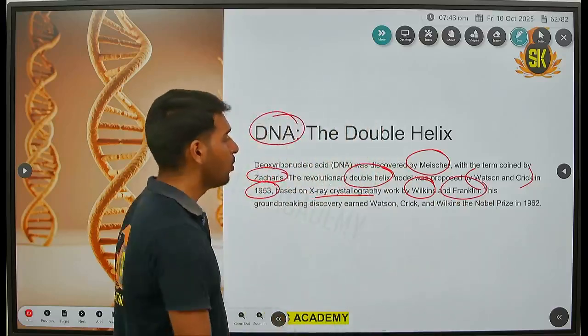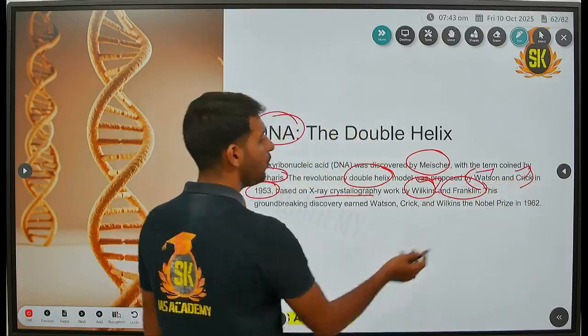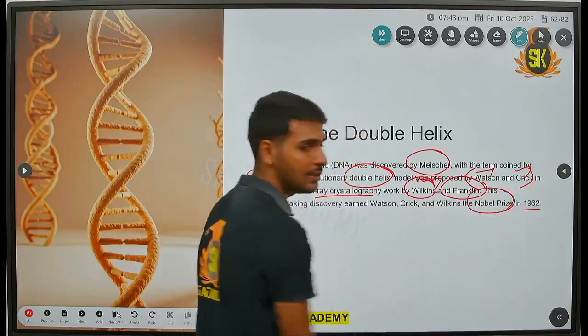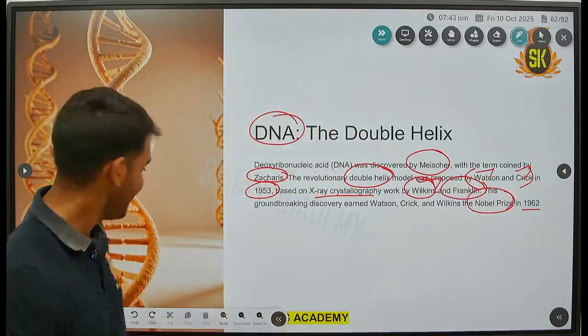Watson, Crick and Wilkins got the Nobel Prize in 1962. Franklin did not get it.